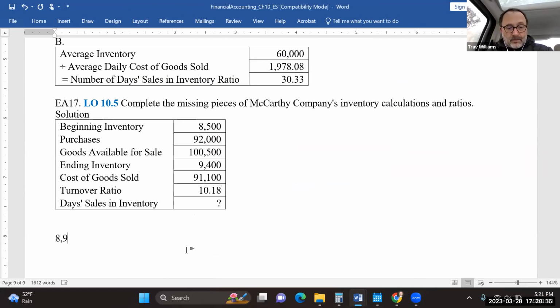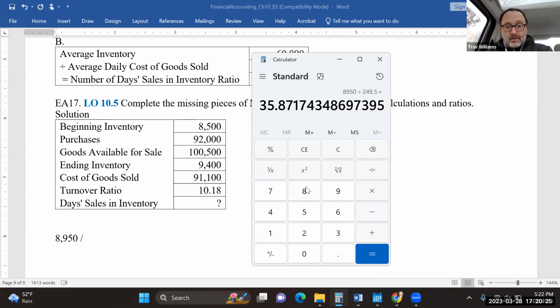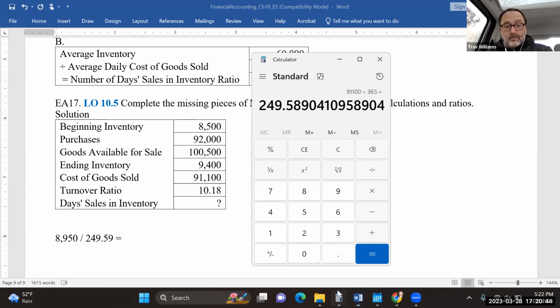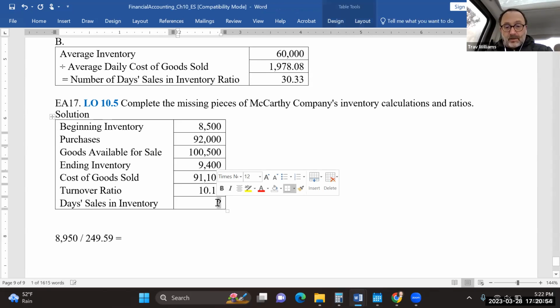We're going to divide that by average daily cost of goods sold, which was cost of goods sold divided by 365, 249.59. Okay. And that equals 35.86. That is the correct answer, 35.86.